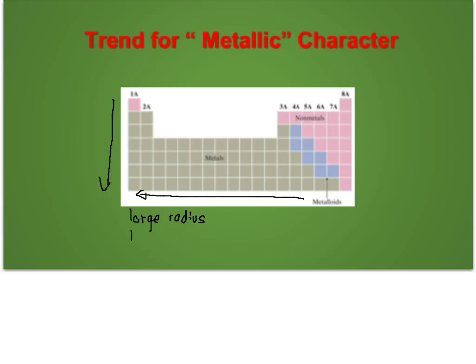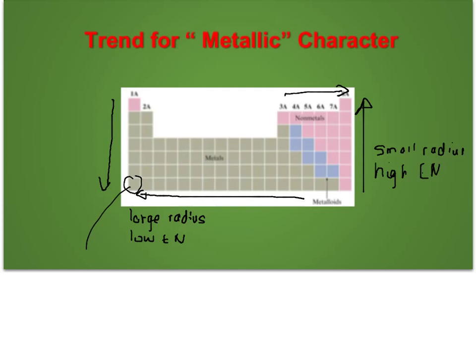They also have a low electronegativity. Whereas nonmetals have a small radius with high electronegativity.